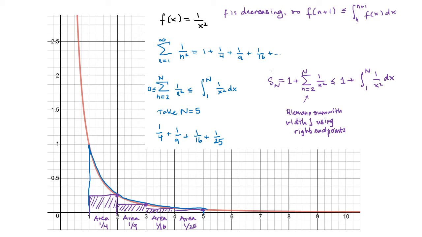Okay, so we have this sort of oddity of not including the first term, just because we have a discontinuity at 0, so I don't want to consider that. That's why I've stripped off this first term.